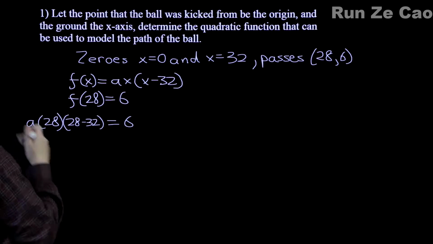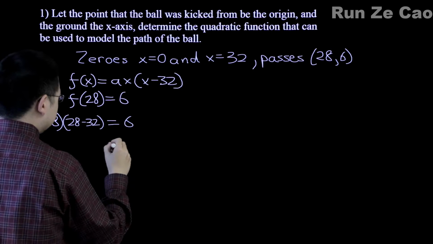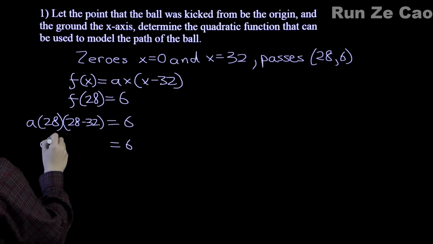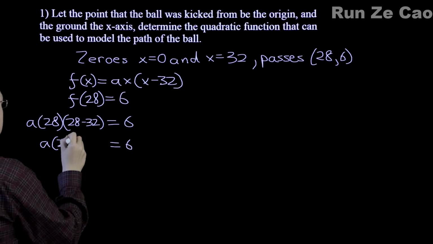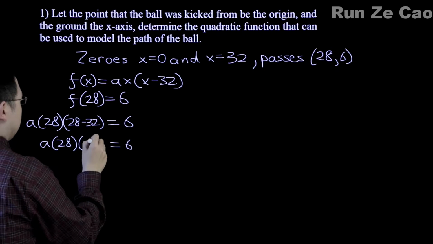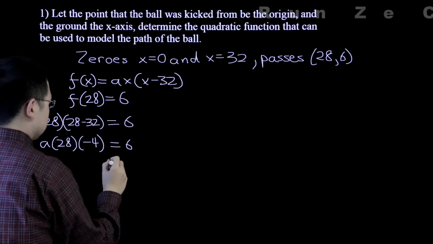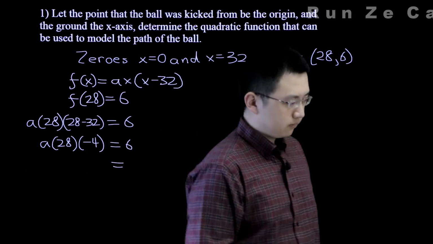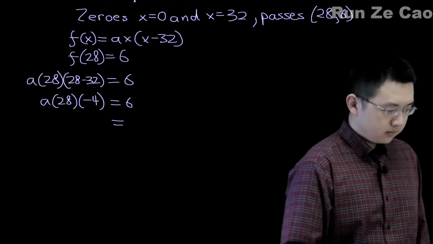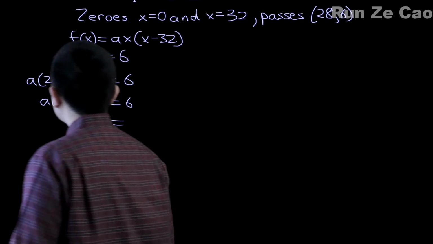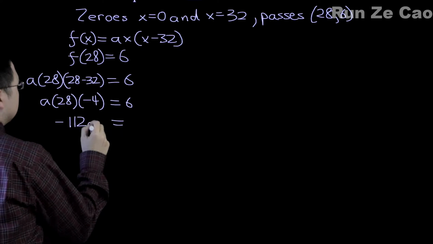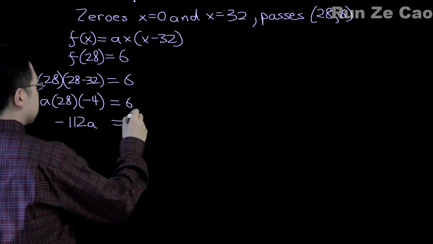So a times 28 times negative 4 is equal to 6. 28 times negative 4 comes out to negative 112a, and this is equal to 6.